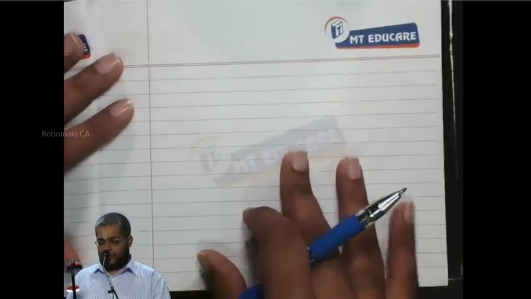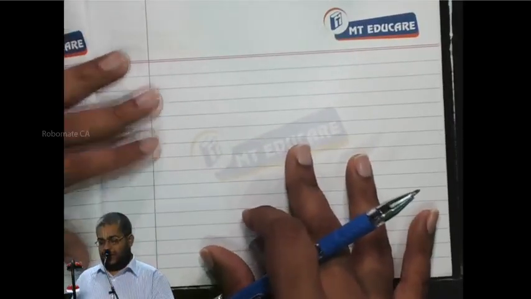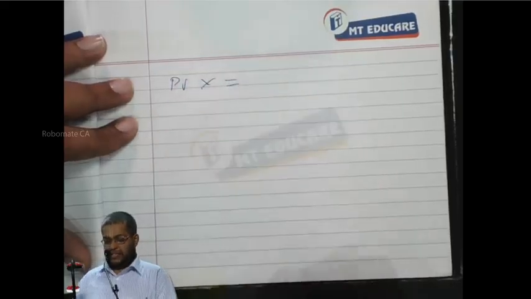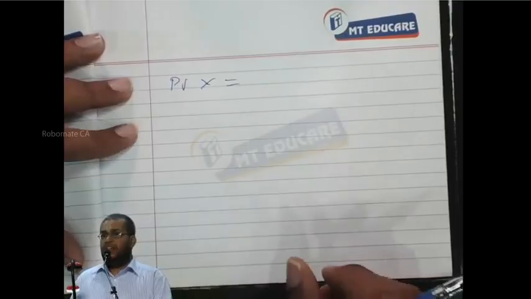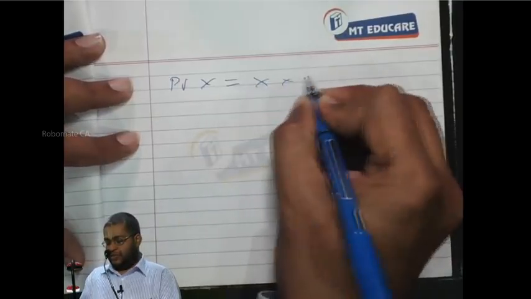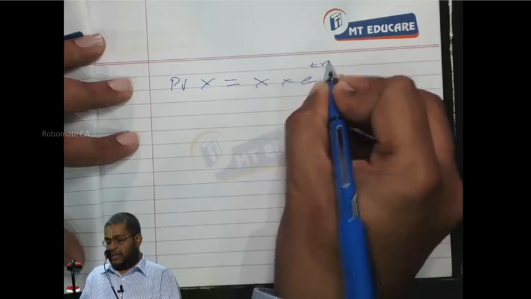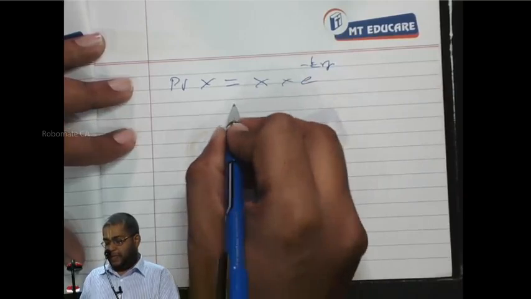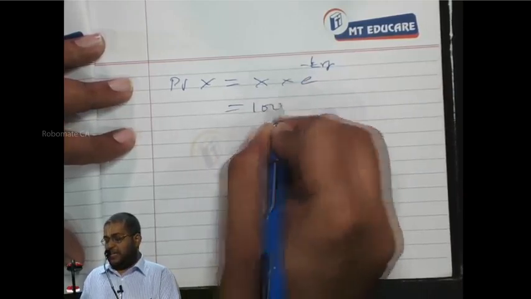First of all, what should I calculate? PV of X. PV of X is the present value of strike price, which is strike price into e power minus rT. What is the strike price? 100.